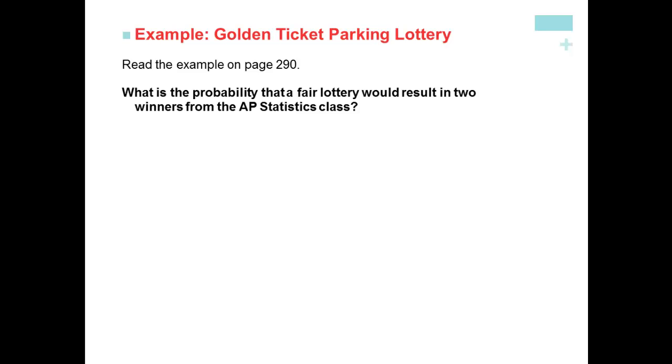Last month, the winning tickets were drawn by student council members from the AP Statistics class. When both golden tickets went to members of the same class, some people thought the lottery had been rigged. There are 28 of the 95 students that can park on campus in this AP Statistics class. Design and carry out a simulation to decide whether it is plausible that the lottery was carried out fairly.